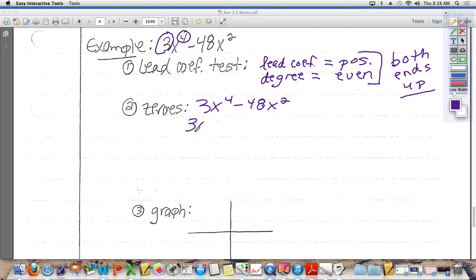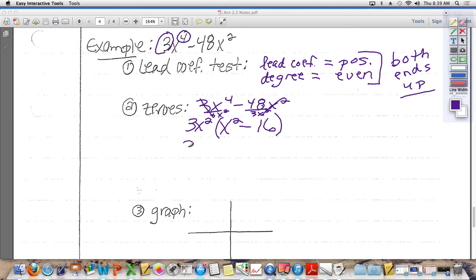You can take out an x squared. So we have 3x squared. So I'm going to divide a 3x squared out of both of these terms. Which is going to leave me with, now these 3's cancel out. So what power of x do I have left? X squared, very good, minus, and then 48 divided by 3 is 16. We just talked about that a little bit ago. The x squareds cancel out.